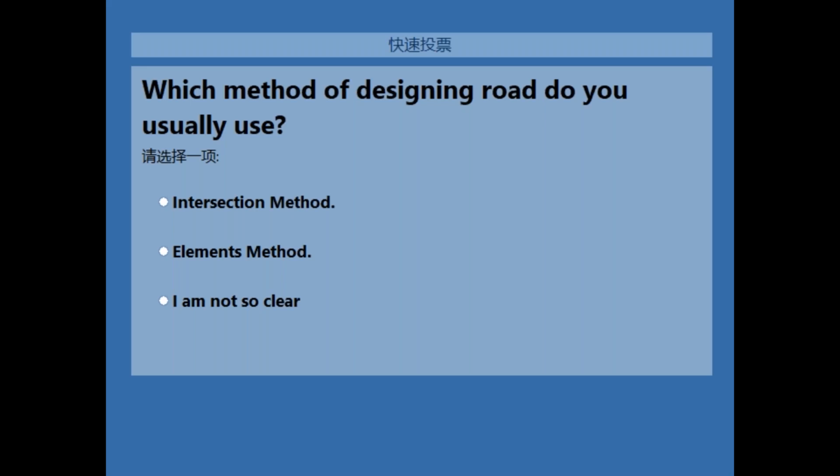Intersection method, elements method? I am not so clear.